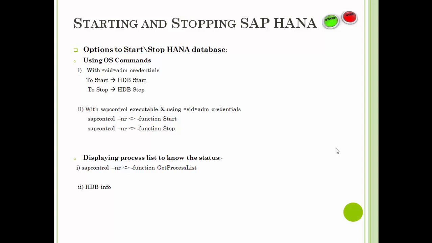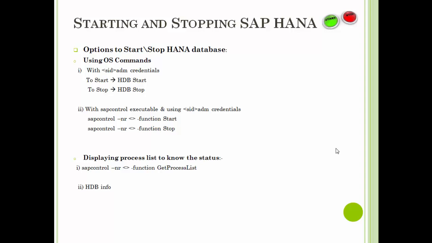And with respect to updating HANA software, the update program itself will stop, update the software, and then start the SAP HANA database. Whereas with respect to configuration settings, we have to manually stop and then start the SAP HANA. So how do we do this?